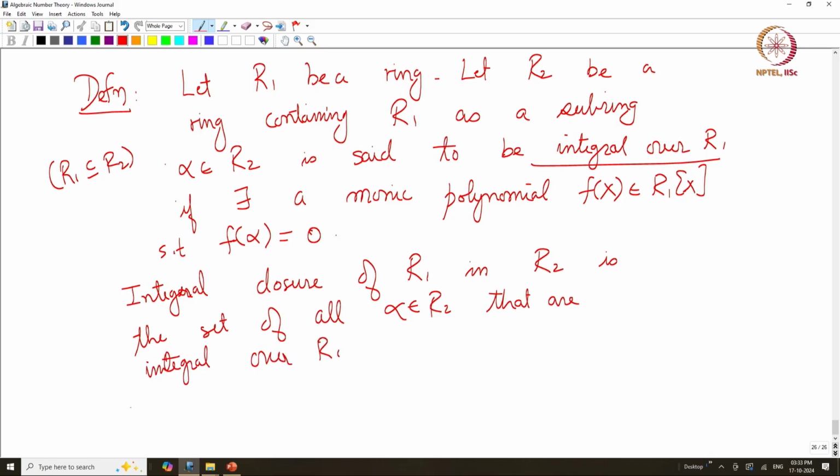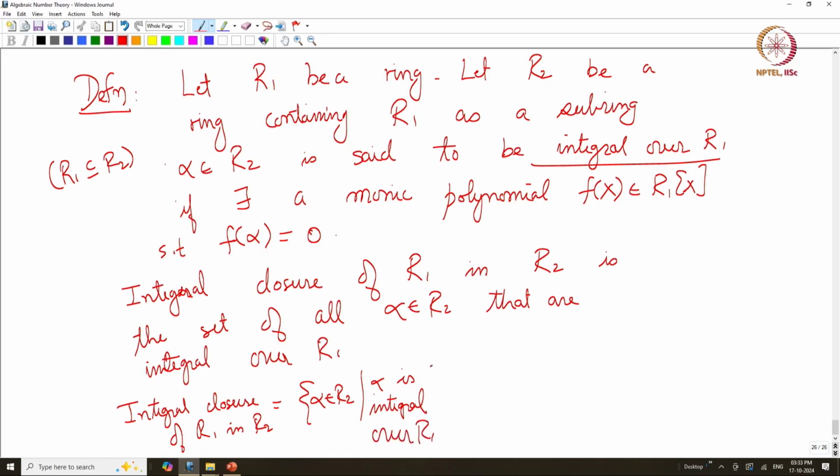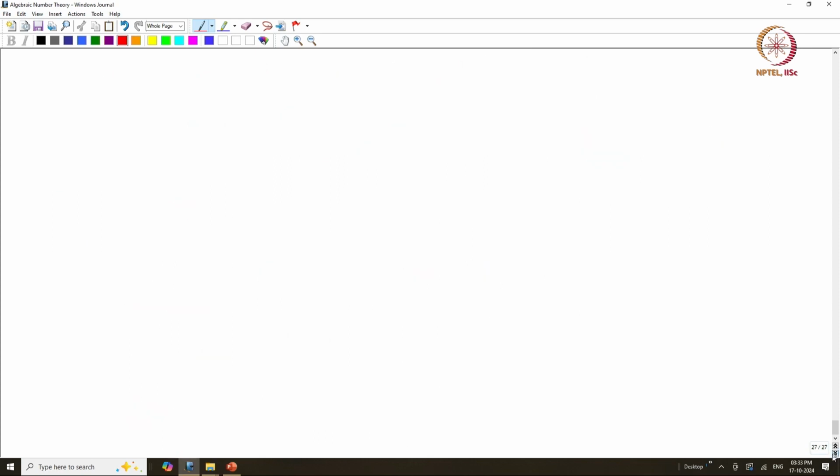So, the integral closure of R1 in R2 is all alpha in R2 such that alpha is integral over R1. I am just repeating myself, and I wanted to write it as a set. So, that is the integral closure.